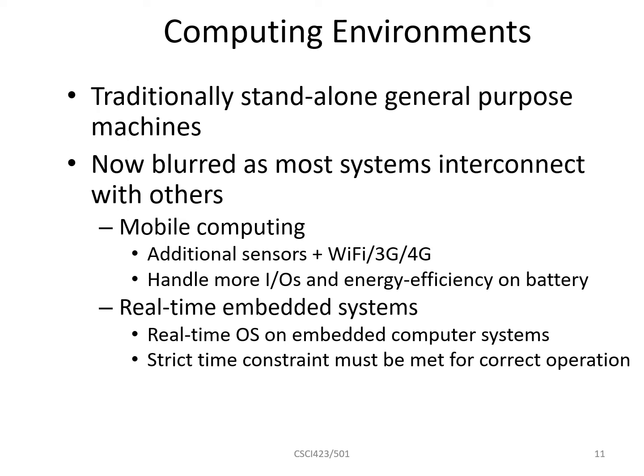For example, your cell phone now has many more new sensors. Most of the time it is integrated with video cameras, microphones, and even GPS, gyroscope sensor, and accelerometer sensor, right?